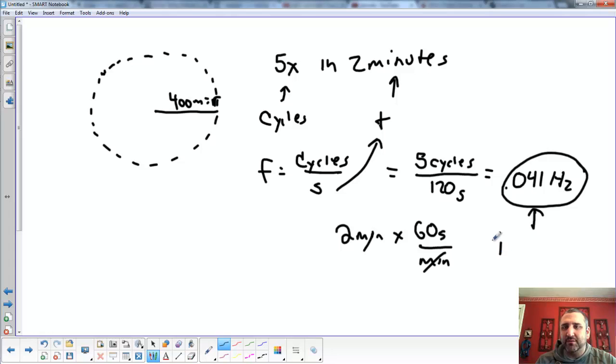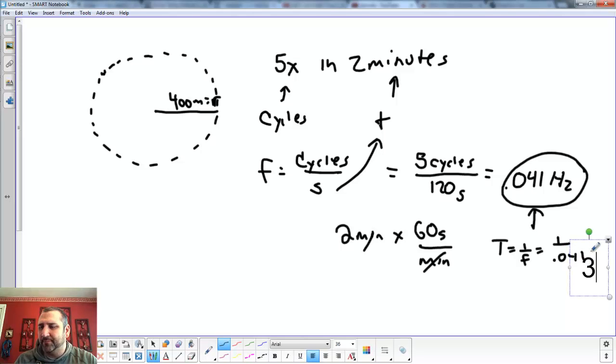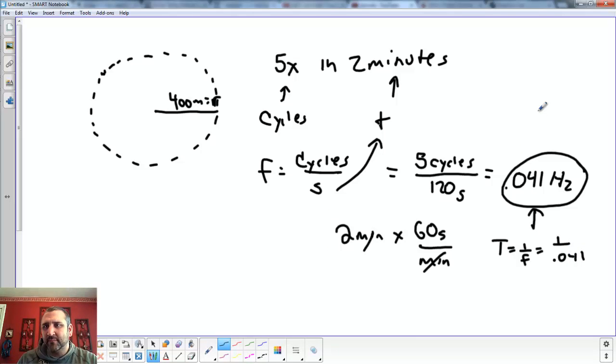The period is 1 over the frequency, which is 1 over 0.041, which is 24.3 seconds.